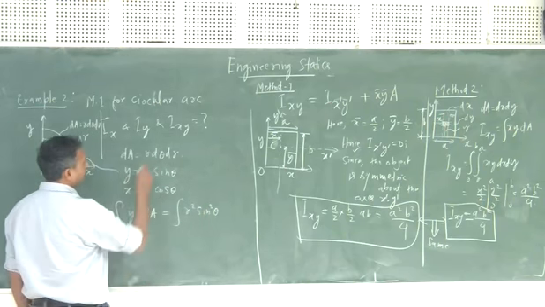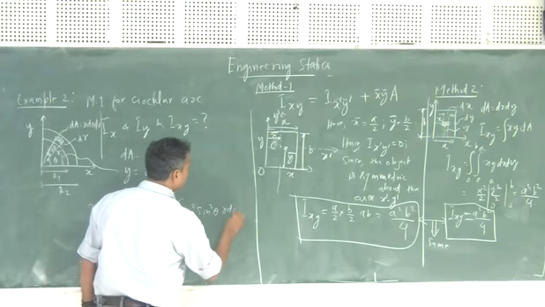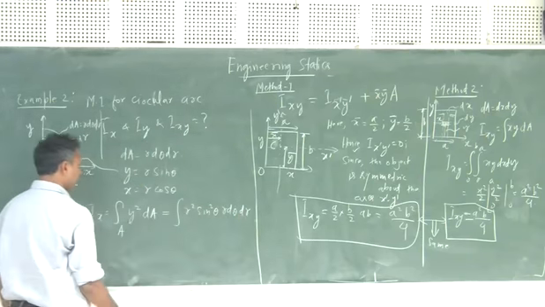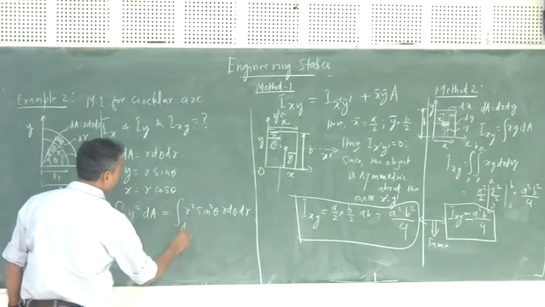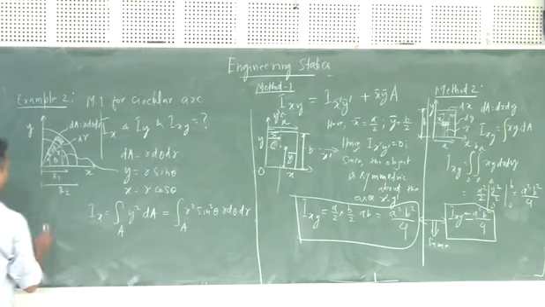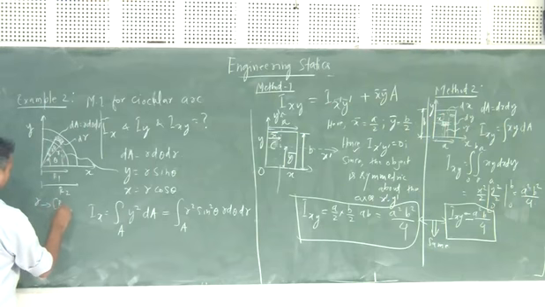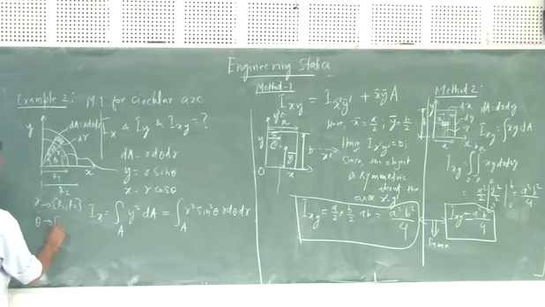What is your dA? r d theta into dr, and we have to integrate it over the area A. How is r varying? r is varying from r1 to r2, and theta is varying from 0 to pi by 2.